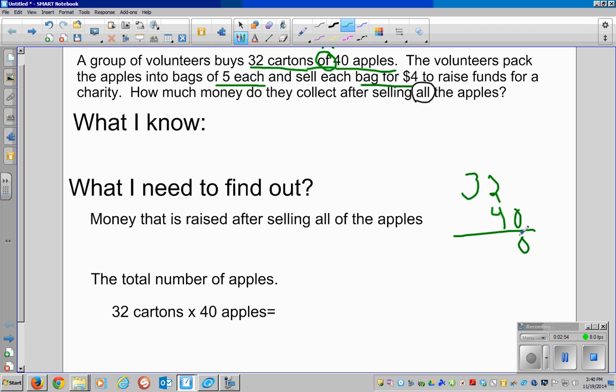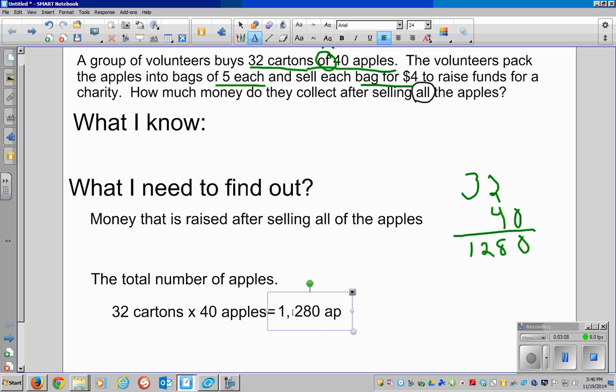Offset that 0. So 4 times 2 is 8. 4 times 3 is 12. So I'm going to come up with an answer of 1,280 apples. That's how many apples these volunteers have to work with.